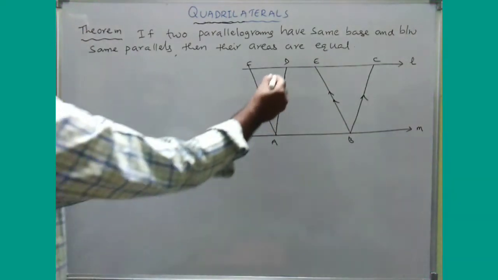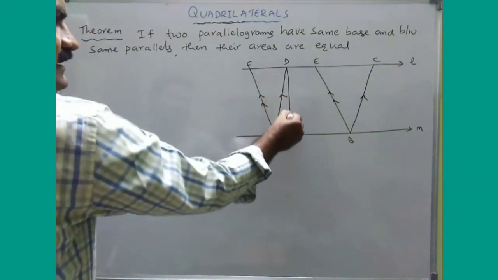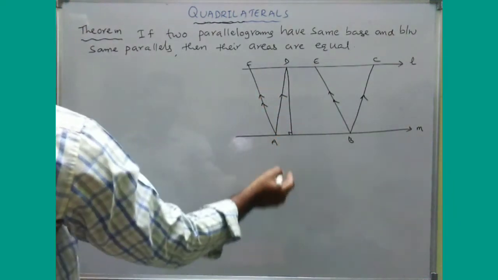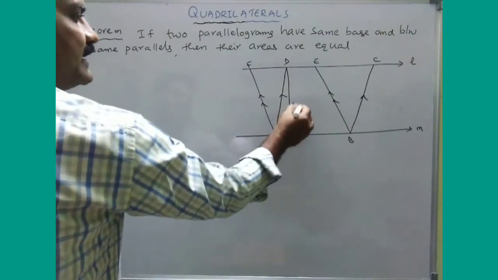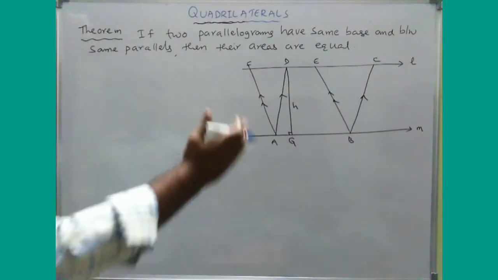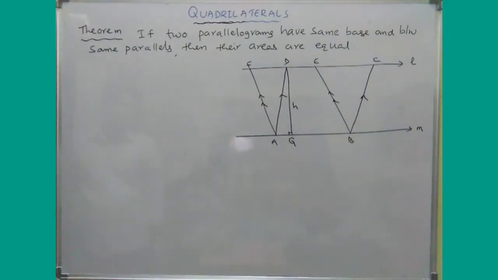Let's draw a perpendicular line, say DG, which is the height of both the parallelograms.